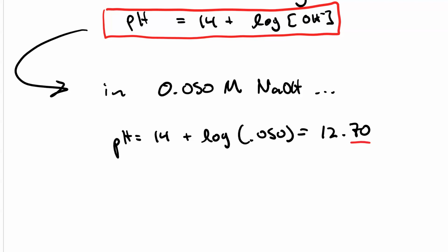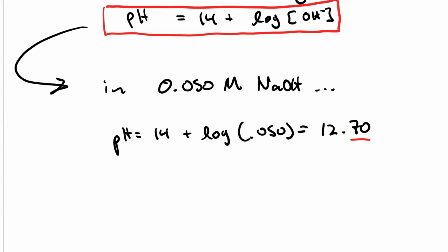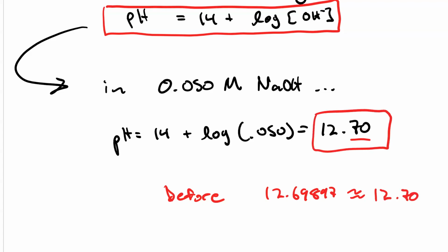This should be the same answer we got earlier. In fact, it is. I just didn't round correctly last time. Before, I wrote 12.69, but it was really 12.698997, which is 12.70. So this is an effective shortcut.